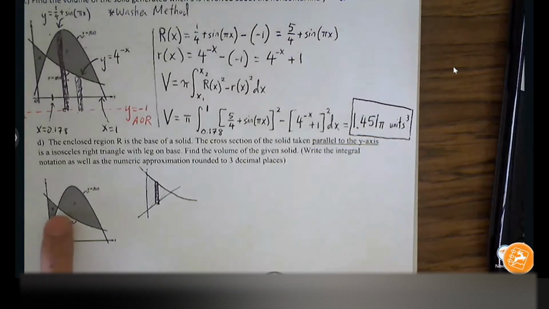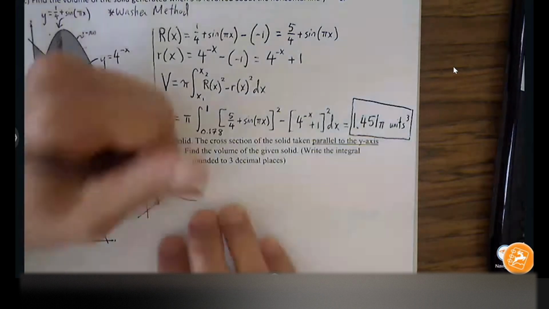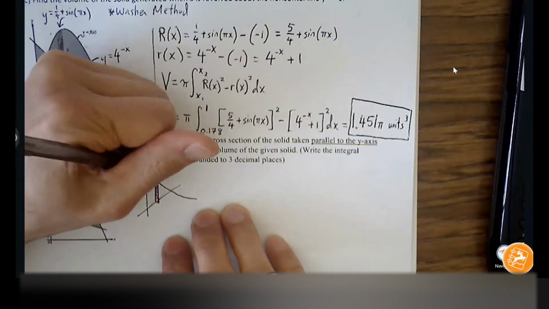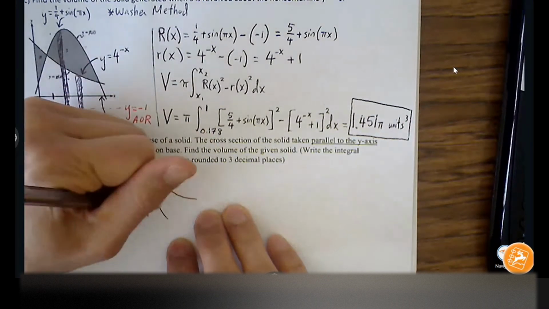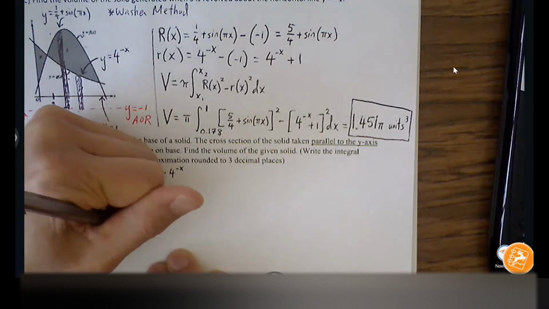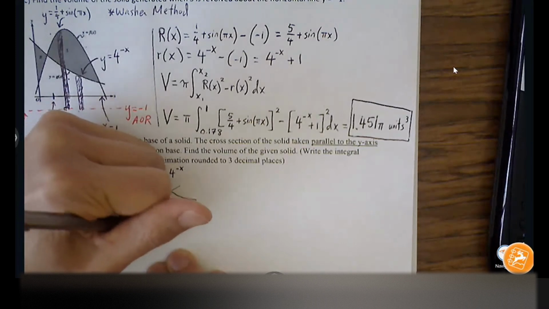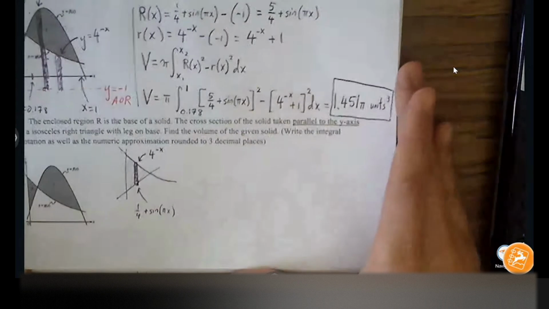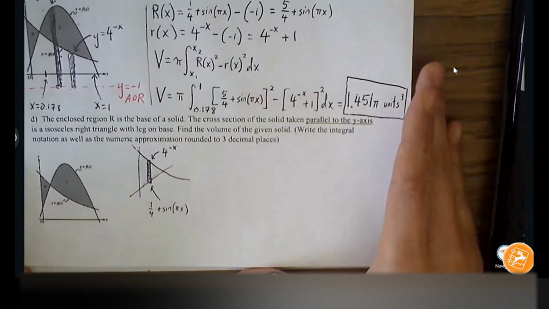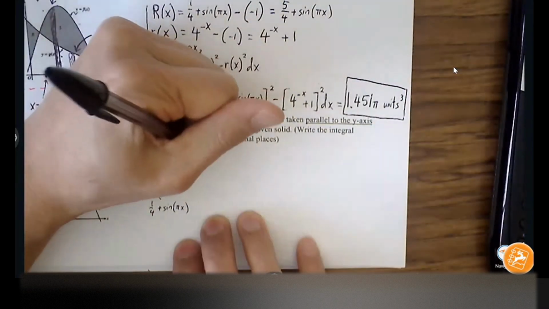Okay, but region R is a little bit different, right? Region R, the 4 to negative x is up top, and the sine is the one that's below. All right, so we're going to find our base length.